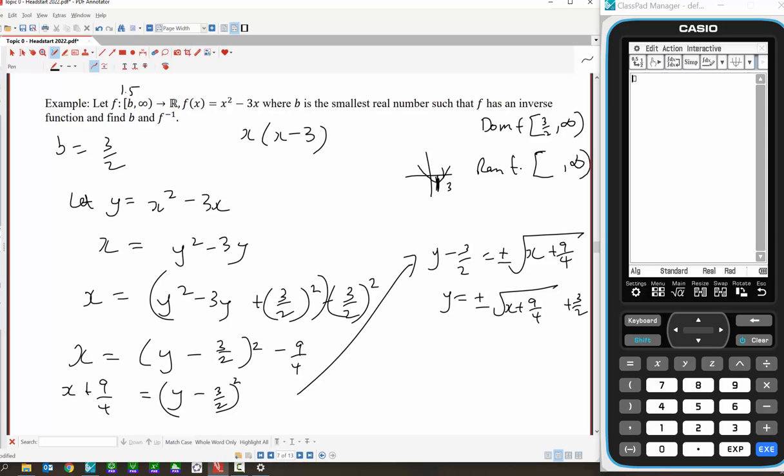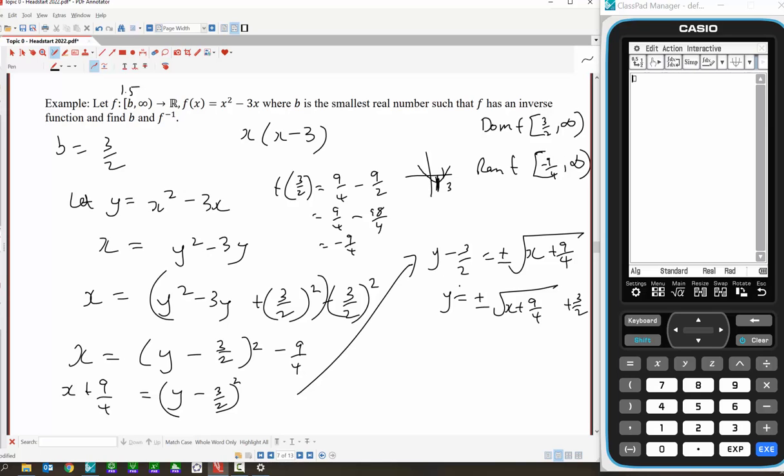So what's the y value of the turning point? To do that, we've just got to drop 3 on 2 into the original function, which is 9 on 4, take away 9 on 2, so 9 on 4 take away 18 on 4, which is negative 9 on 4.